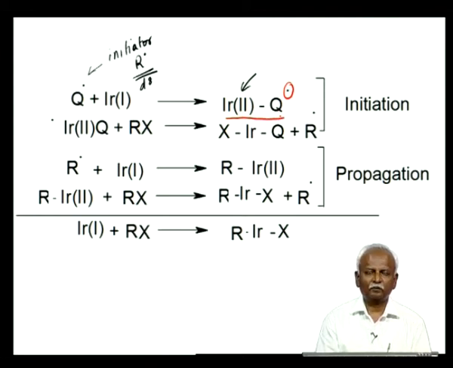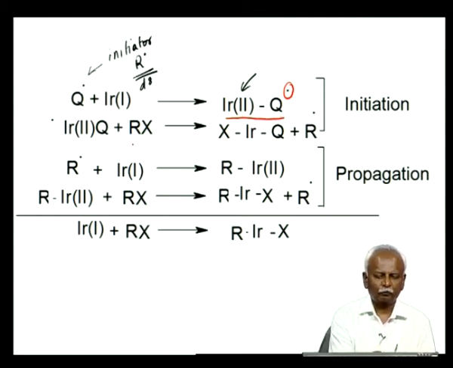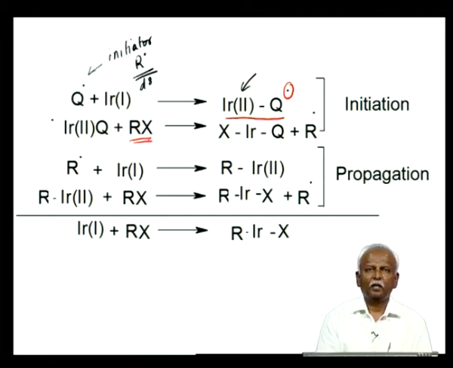Now, if that reacts with RX, remember RX is the group that is adding on to the iridium. So, the first step is purely an initiation step, where it led to the formation of an iridium 2 radical.